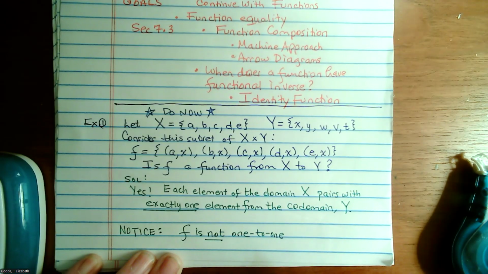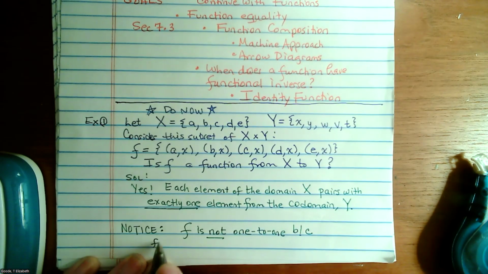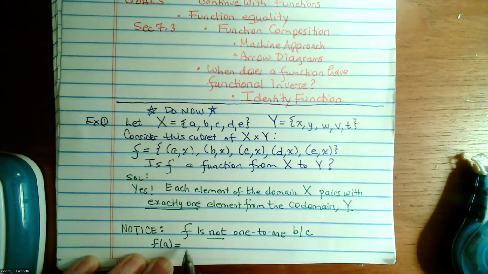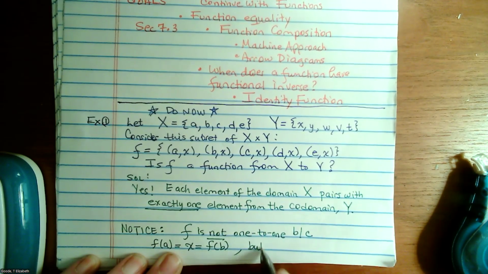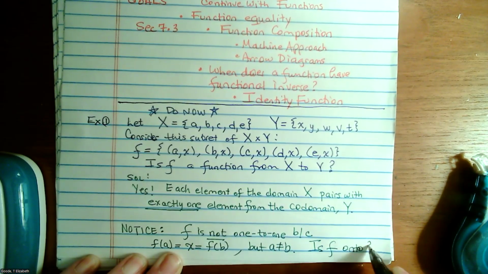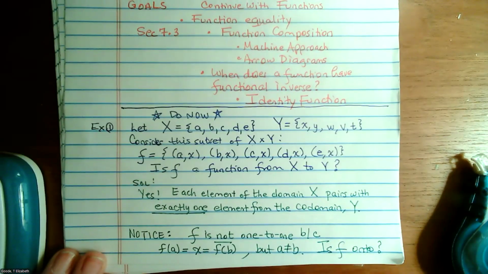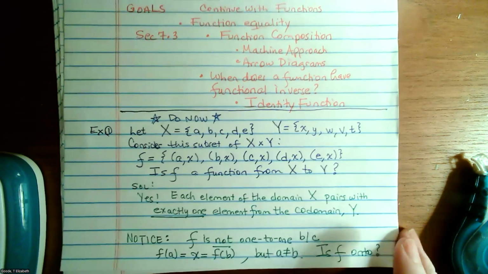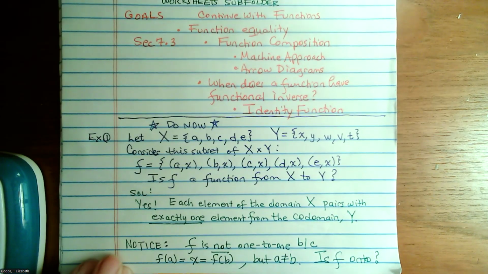That's sort of the most obvious thing about F, because, well, F of A is equal to X, and that's equal to F of B, but A is not equal to B. Is F onto, by the way? So this is a good opportunity for us to review the definitions of one-to-one and onto.